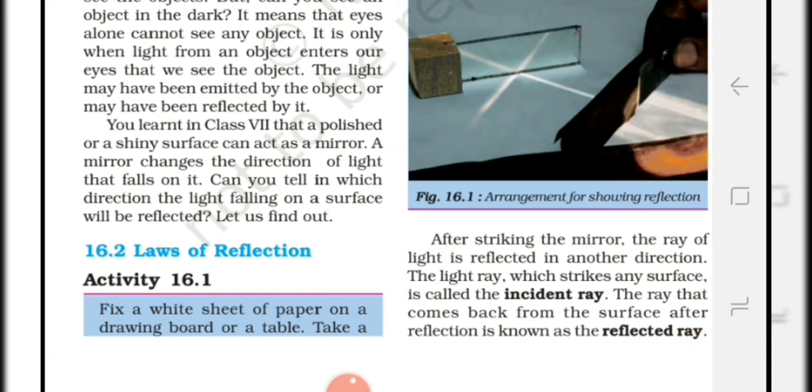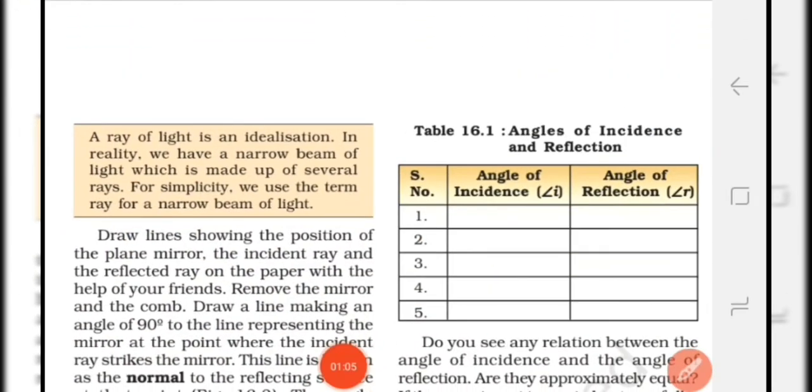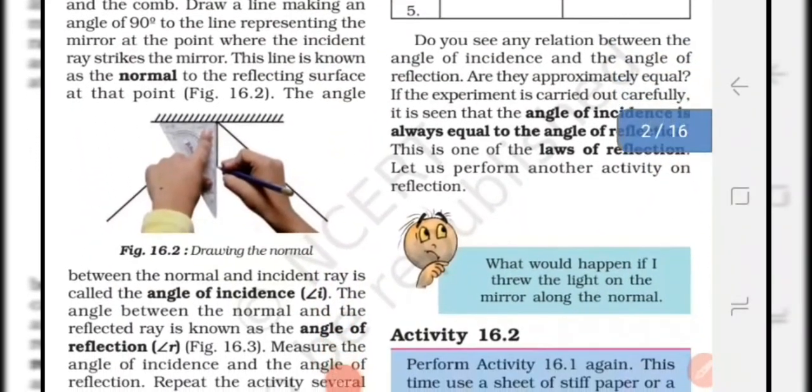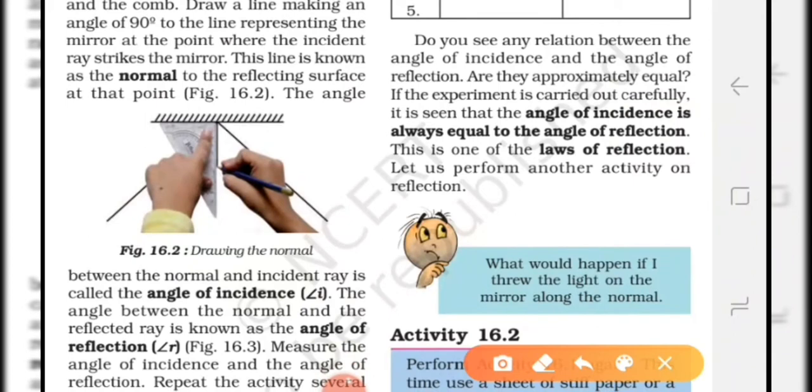Okay students, now you have to draw lines showing the position of the plane mirror, incident ray and reflected ray. According to figure 16.2, here it is the plane mirror. Okay, it is the reflecting surface of the plane mirror. Okay students, now it is the incident ray, it is the reflected ray. Now you have to draw one perpendicular line that is known as the normal.